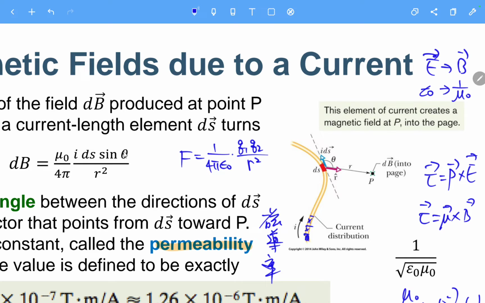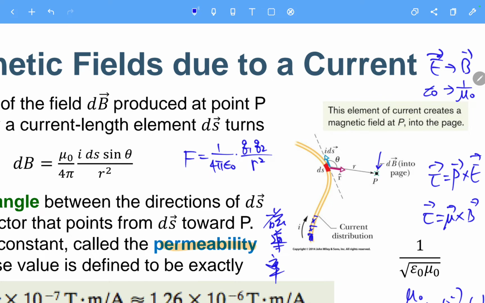And then theta is the tricky thing. This is ds, and this is r, and we have the angle between them, sine of theta. So you can simply imagine that it is something like a cross product. Here we have an arrow, which means that dB in this figure is pointing into the page.